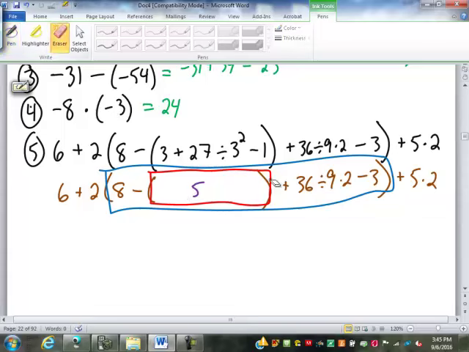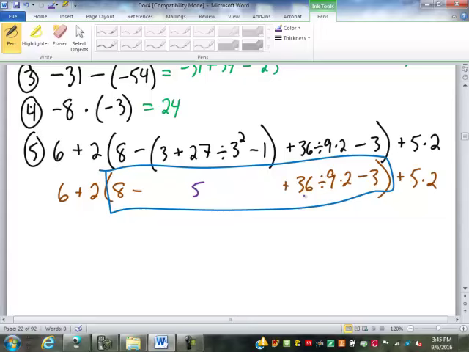I can get rid of the parentheses. Do I have to put multiplication anywhere in there when I remove the parentheses? No, there's already an operation here, subtraction, and there's an operation after the parentheses of addition. Only if there's no operation in front or after that we have to worry about possibly putting in a multiplication. Okay, so now in the blue box, we go down through any other enclosing symbols. Nope.